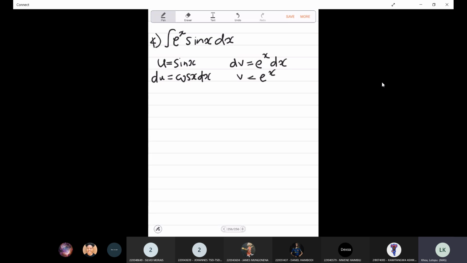Okay, so substituting them here, I get the integral of e to the power of x sine x dx is uv, e to the power of x sine x, minus the integral of e to the power of x cos x dx.